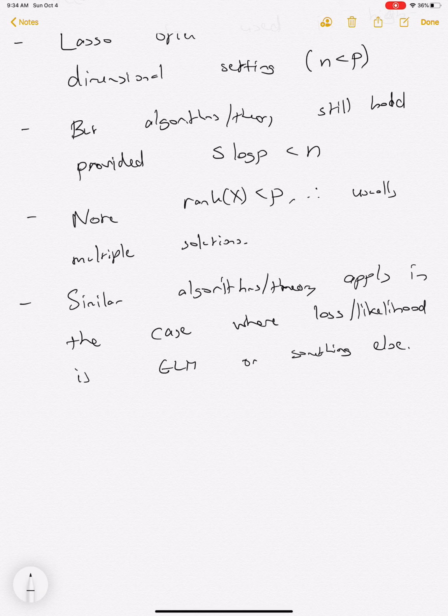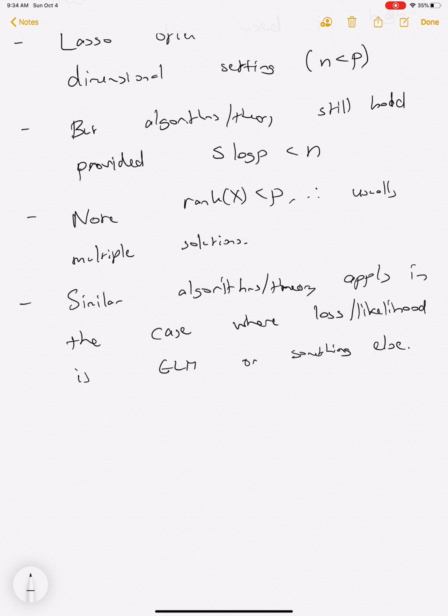So a lot of these ideas apply when you consider a GLM, like a Poisson regression or a logistic regression or anything else. But as we say, the theory certainly doesn't work out as nicely and cleanly as the case of least squares, where we can do calculations and develop algorithms a lot easier. But all of the same ideas apply.